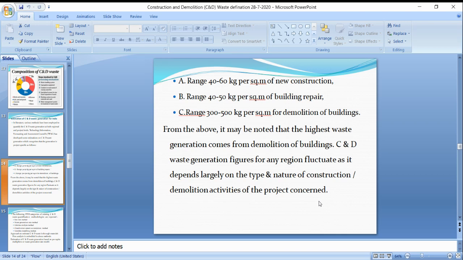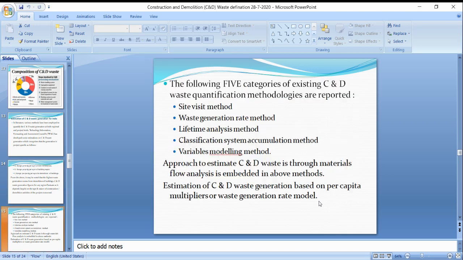They will decide the type and nature of construction and demolition, and which type of project is concerned. So there are the following five categories of existing construction and demolition waste quantification methodology.